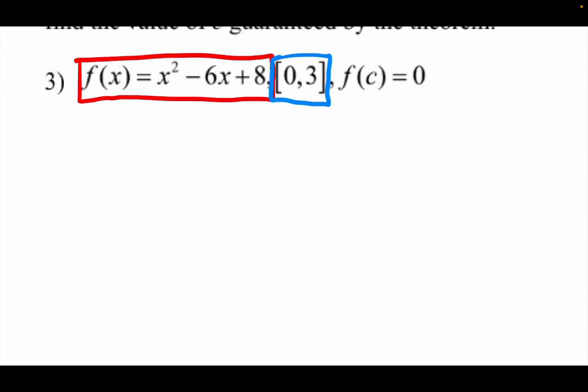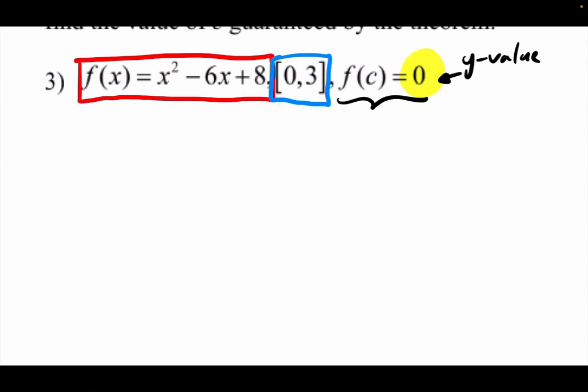So here's our function. Here's our interval. And then they throw in this stuff here. This is the y value. So where is your y value?